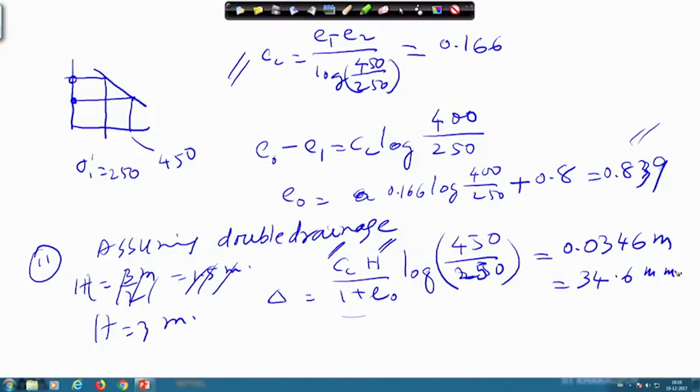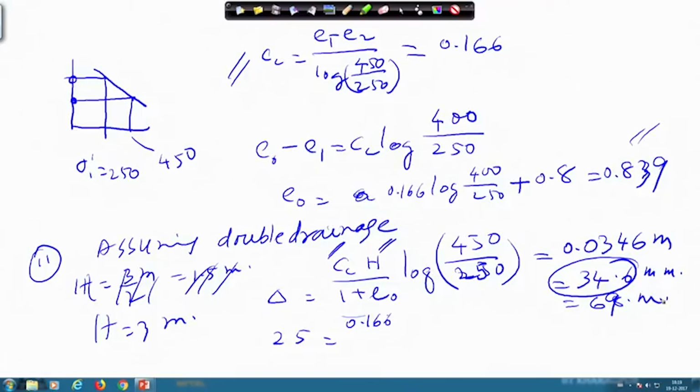Another problem is asked: what is the pressure required if you want 25 millimeter of consolidation settlement, while 34 millimeter is the total expected settlement. So, for 25 millimeter consolidation, it is Cc 0.166 into H, actually I think it will be double, it may become 69 millimeter.